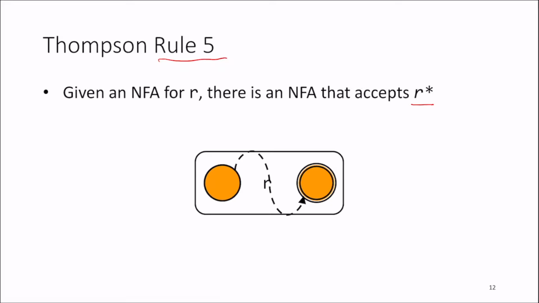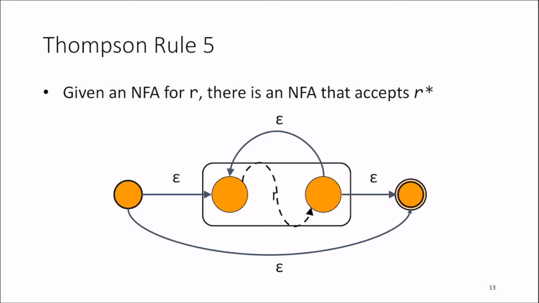So if we have an NFA for R, shown over here, then I want to represent this star operator, right? Star means, as you know, 0 or more repetitions. So if there is a language of R, I want 0 or more repetitions of every string in this language. The way to ensure that is to again use the transition on the empty string.